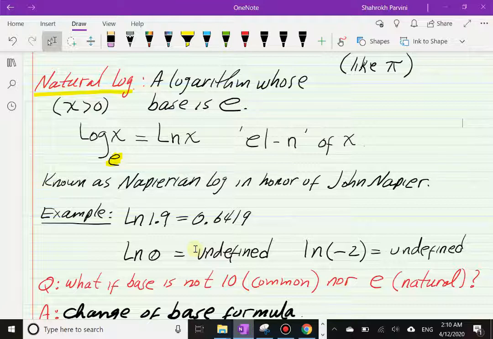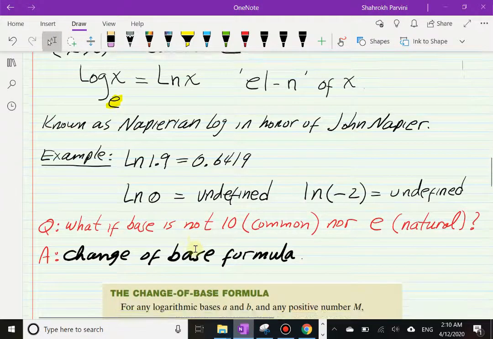Well, some calculators actually now are capable of handling logs in any base, any valid base. And the valid base, remember, must be positive and it cannot be 1. But just to illustrate how we're going to do this, the answer to the question is, of course, the change of base formula.